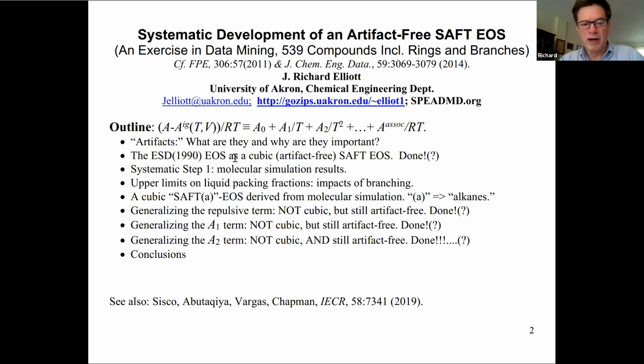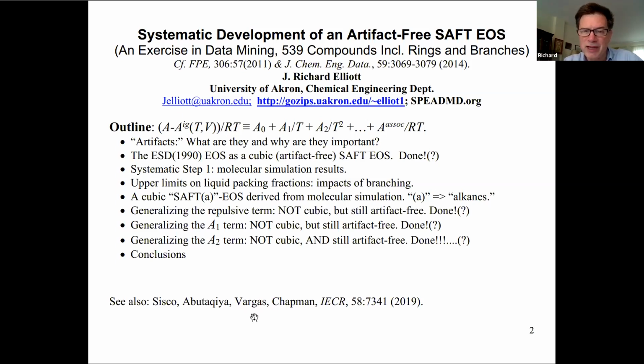Well, later on, and you can see this in the Elliott-Lira second edition in chapter 19, we found that we could rearrange the ESD equation, and it is exactly a SAFT equation of state. Everything is perfectly consistent. Chapman has recently been working on something similar, actually, a cubic version of SAFT.